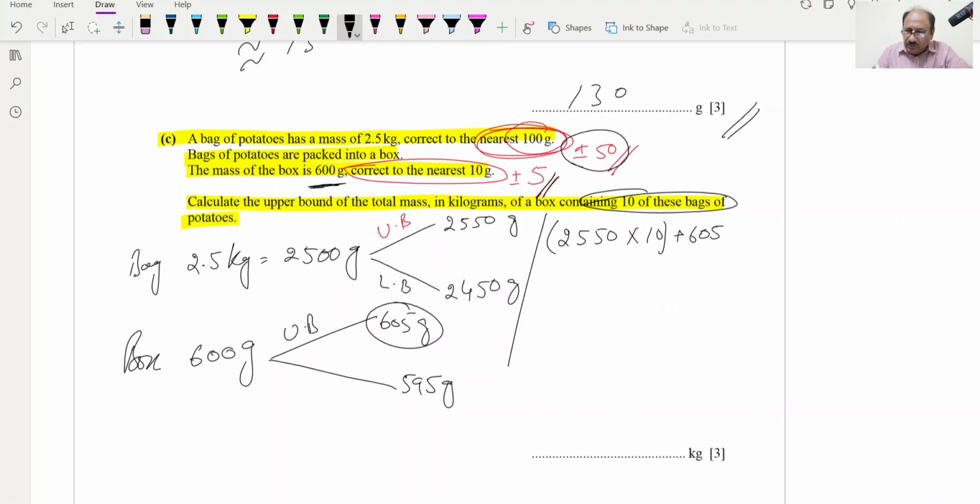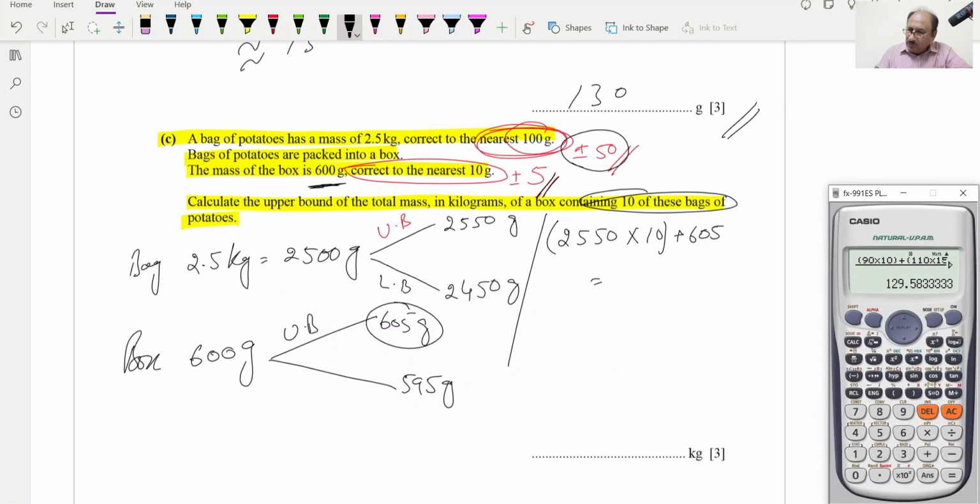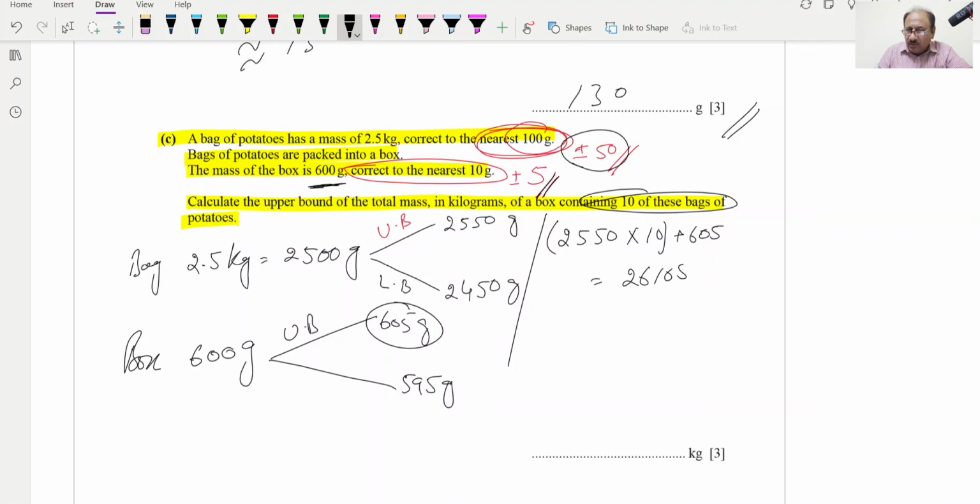So this will be equal to 25,500, plus 605, which is equal to 26,105.